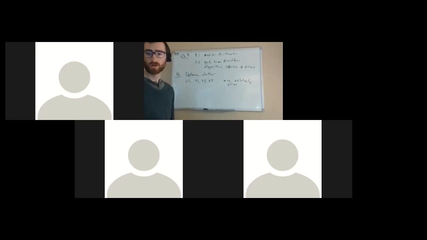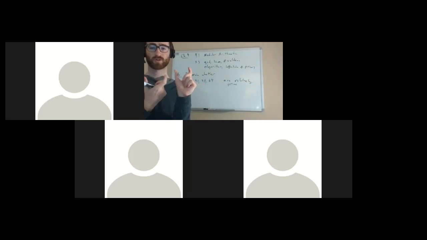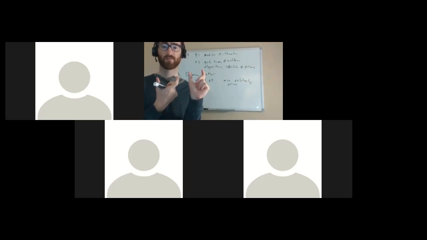Yeah, 2 integers are relatively prime if their greatest common divisor is 1, which in particular means that they have no common factor. There's no number bigger than 1 that divides both of them. And if you write them all down in terms of prime factorizations, what that means is that 2 numbers are relatively prime if their prime factorizations are totally distinct, right?